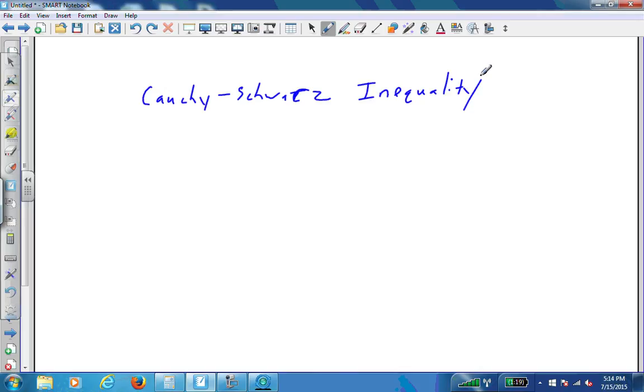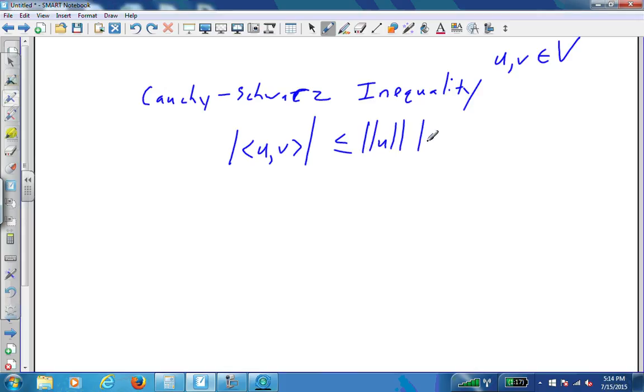And for two vectors, u and v, that are in the vector space big V, the absolute value of the inner product will always be less than or equal to the product of their norms. So if you take the norm of U, the norm of V, and multiply them together, that will always be bigger than or equal to just multiplying U and V together to begin with, using the inner product.